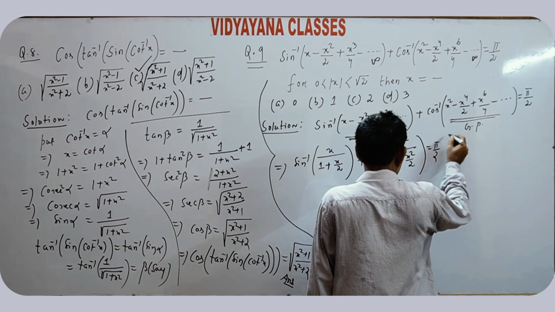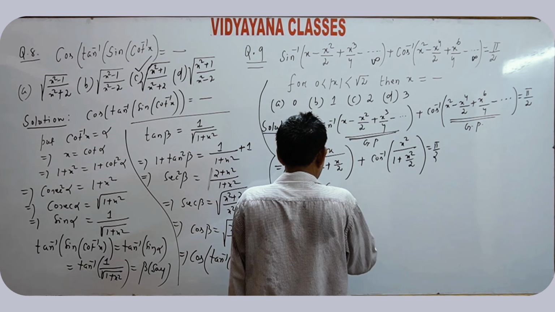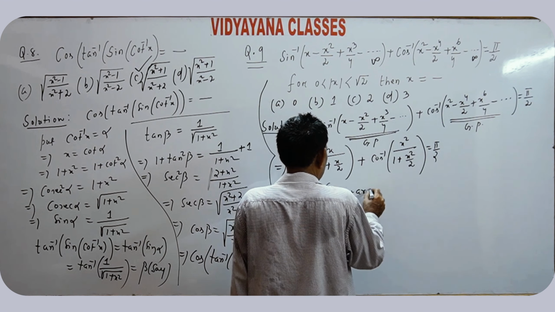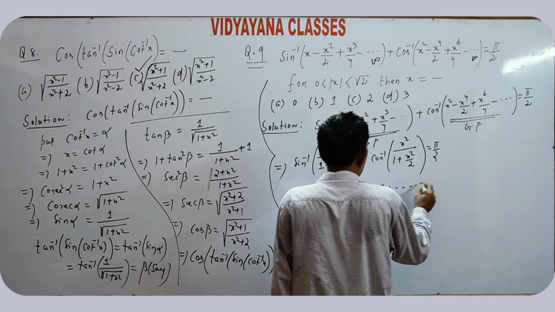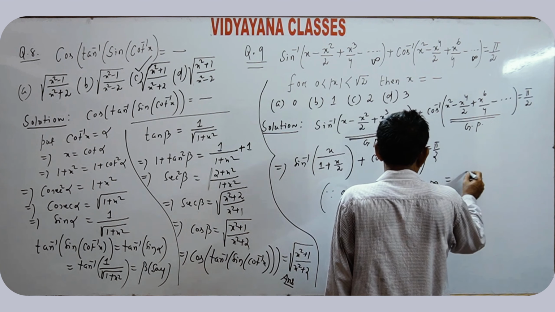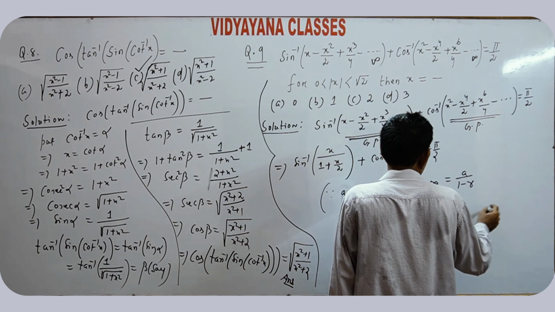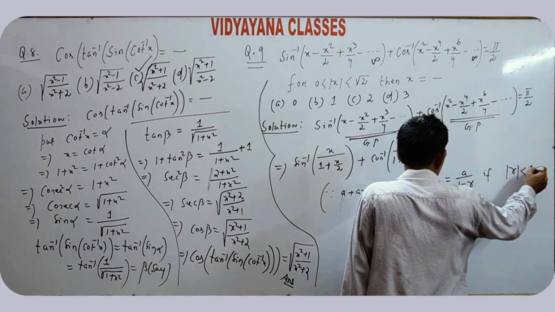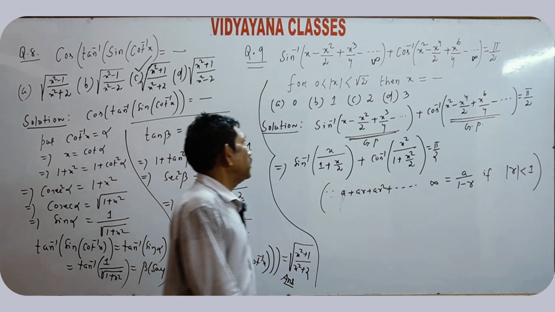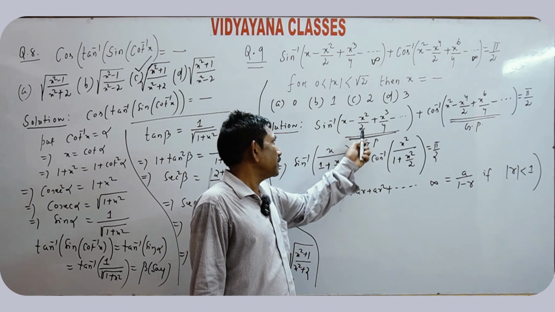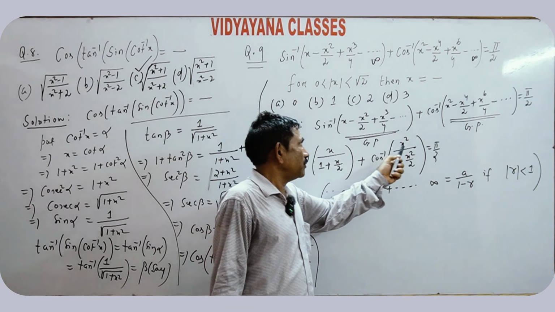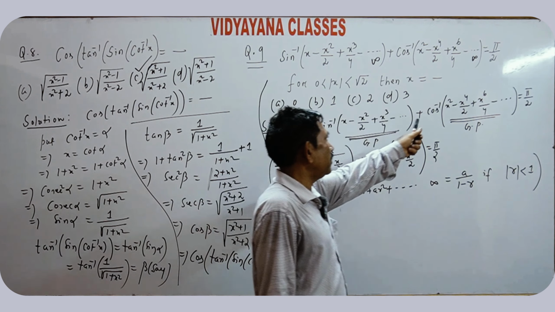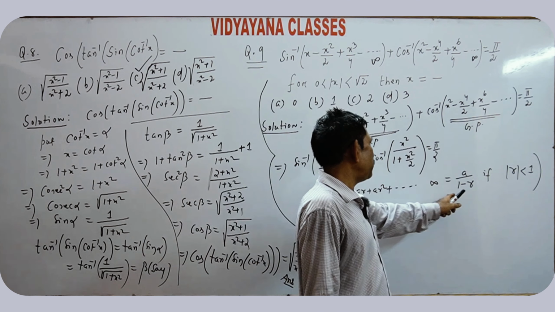Since 1 plus a plus ar plus ar square plus to infinity is equal to a divided by 1 minus r if mod r is less than 1. Here r is minus x by 2, here r is x square by 2. A is x, here a is x square. A divided by 1 minus r.